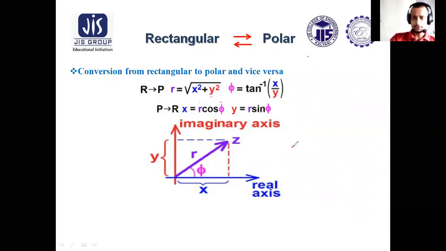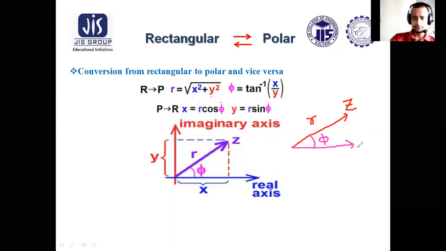Now suppose the same phasor Z is represented by its magnitude R and angle phi. As I said, any phasor can be resolved into horizontal and vertical components.